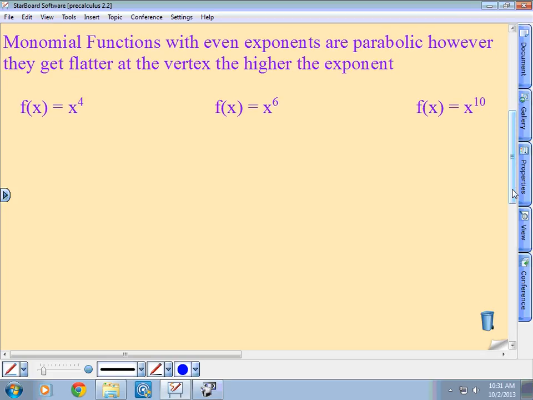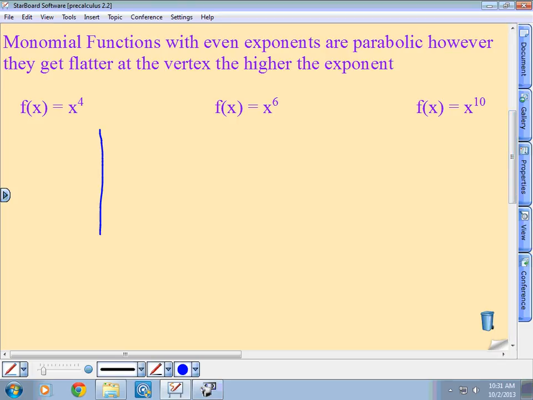Monomial functions with even exponents are parabolic. However, they get flatter at the vertex the higher the exponent. Okay. So we know that if the exponent is even, it's going to be parabolic because the simplest one would be x squared, our quadratic function. Quadratic function is a parabola.